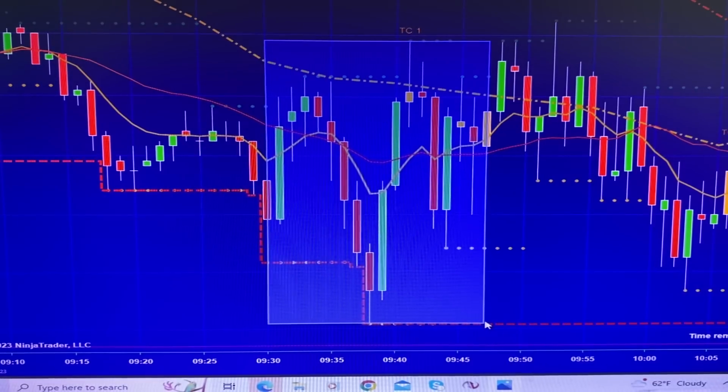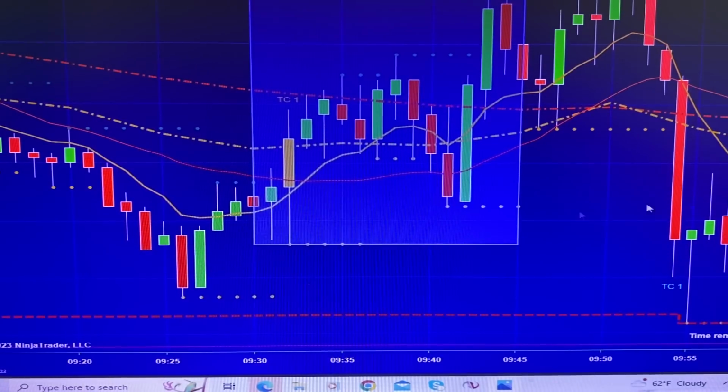This is literally 9:45 right here. So this came up to the top, didn't break, went down, came up, broke, boom, you would have been in there for the long, and it reversed on you. And lo and behold, look what it did. It came down the other way. So what day is that? That is Thursday.